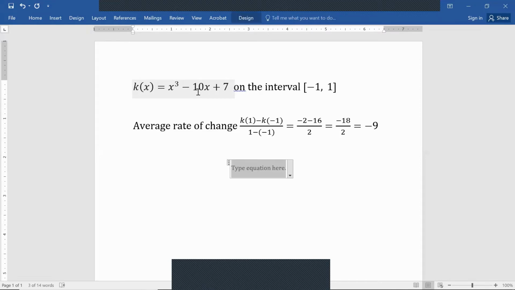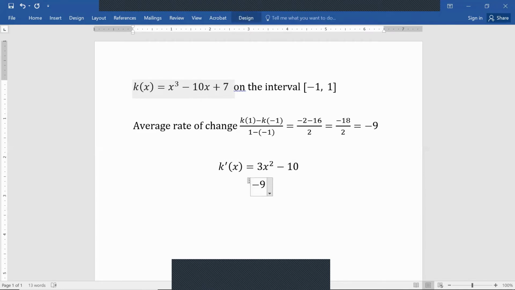We want to find the value of x whose instantaneous rate of change is -9. Take the derivative of k of x. The derivative is 3x squared minus 10.